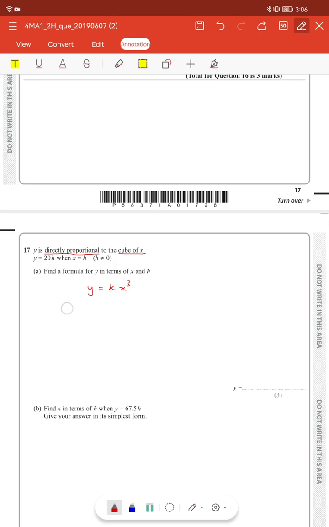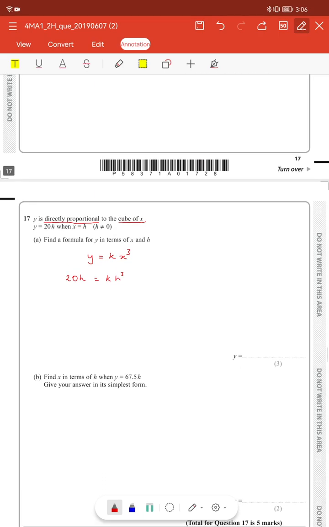So now what we can say is 20h is equal to kh cubed, which means k is equal to 20 over h squared, and therefore y is equal to 20 over h squared times x cubed.